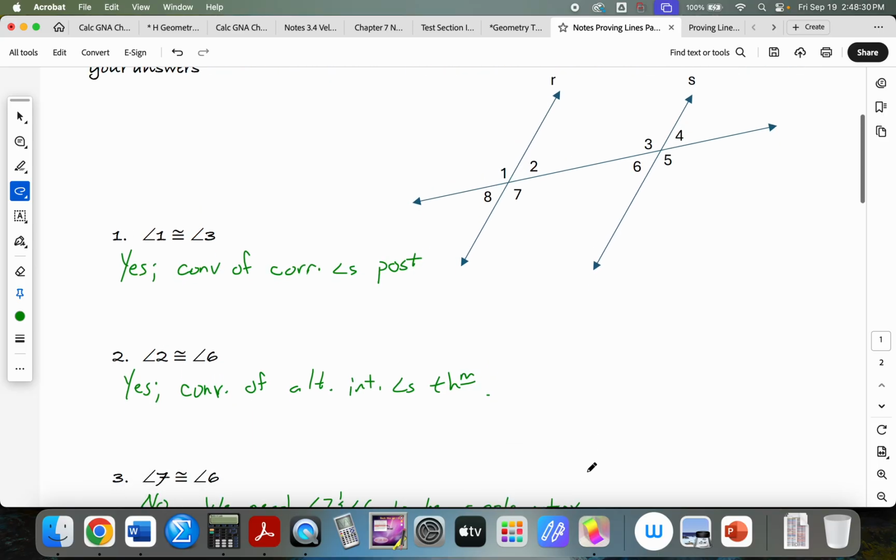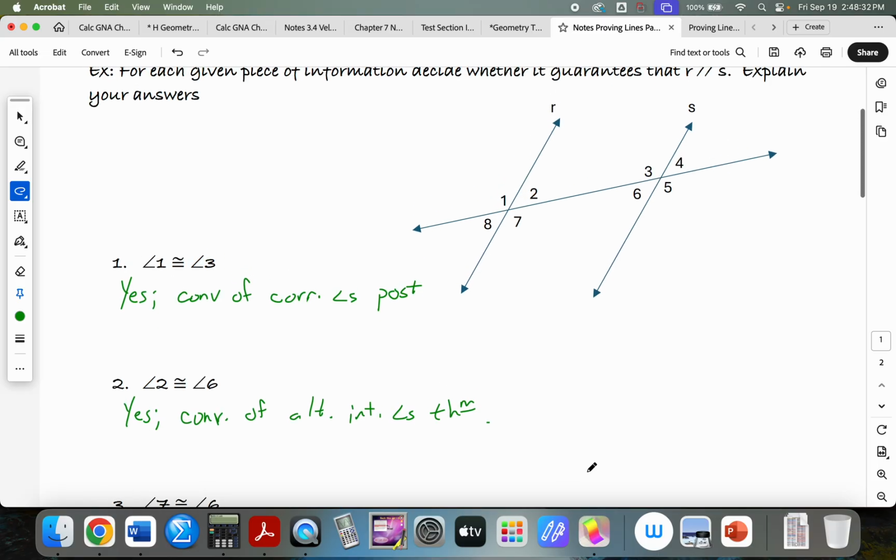All right, the next one, and I can't show all of it and show the diagram at the same time, so I'm going to scroll down and then back up. It says that angle 8 is congruent to angle 3. What kind of angles are 8 and 3? Well, they are angles, but they're not any special pair of angles, right?